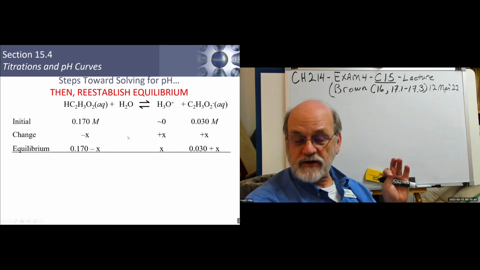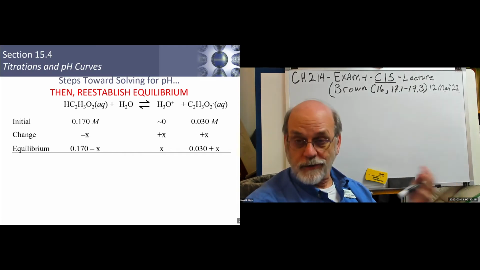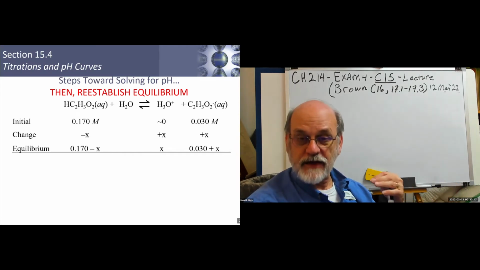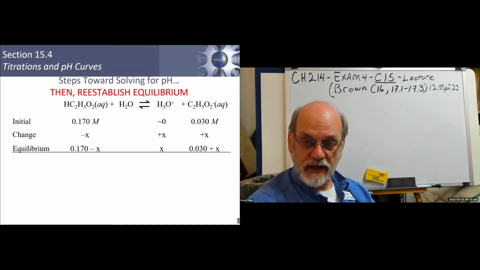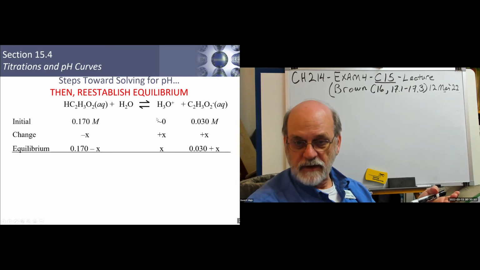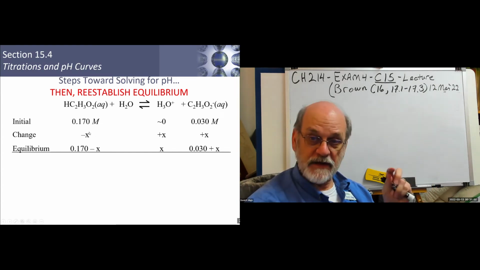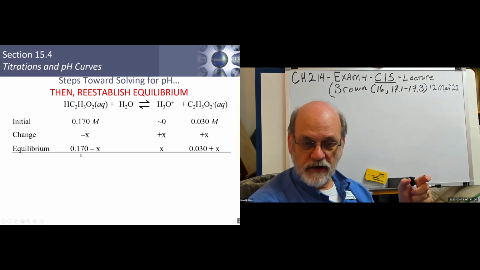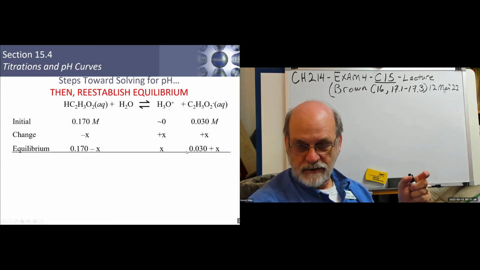Now, which way is the reaction going to go? It has to go to the right. It has to go toward producing hydroniums or hydrogen ions. So we're going to pick up some plus here and plus there because it's a 1-to-1 ratio, and we're going to lose some of that in the process on this side with the acetic acid. And there's our expression at equilibrium.